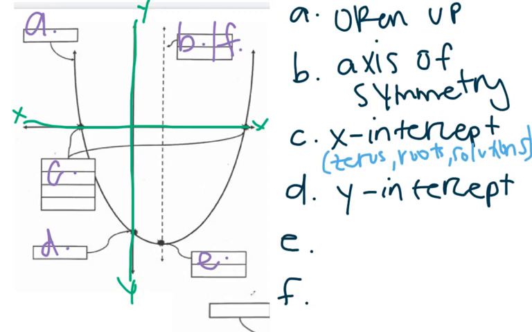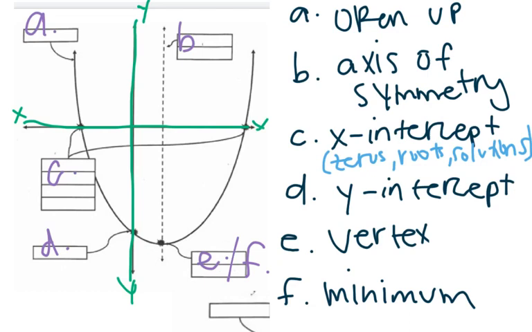E, okay, yes, it looks like it's on our axis of symmetry, but this is our lowest point on the graph. So not only is that our vertex, it is also our minimum. And I think that's what I meant to put as F. Oops. There we go.